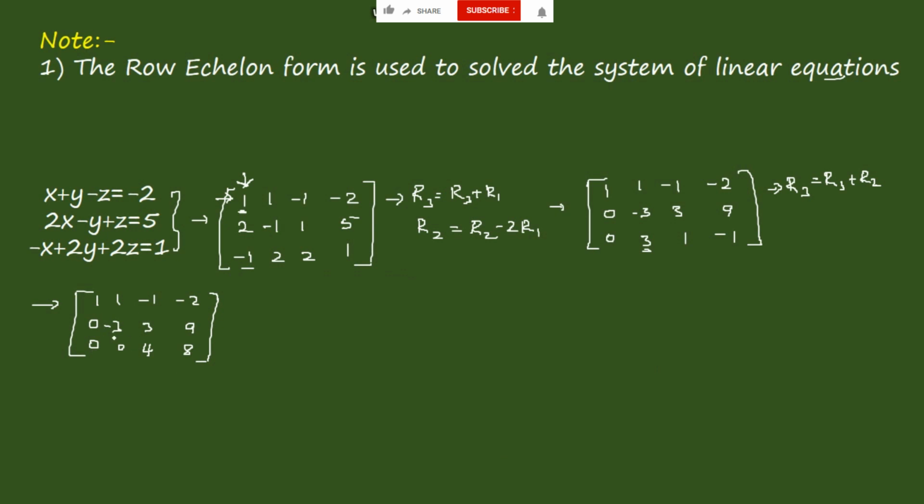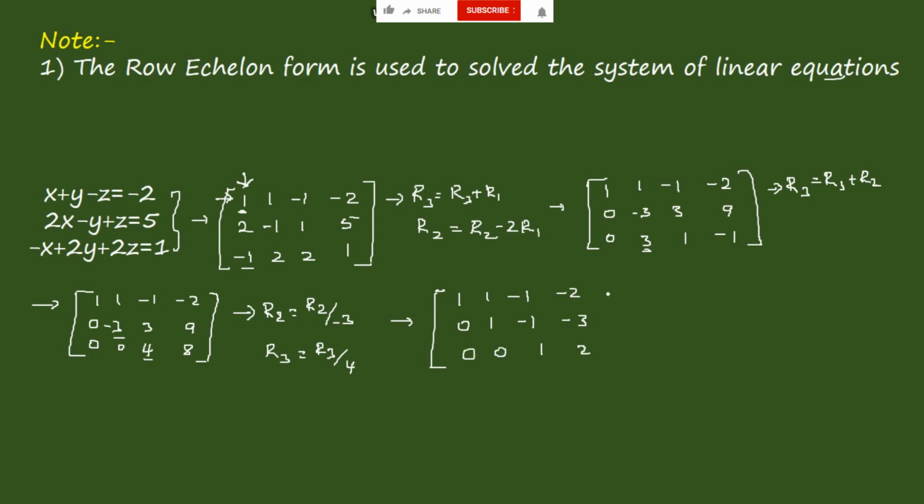And next, the leading one should become 1, and below it should be 0. So we do row 2 equals row 2 divided by minus 3, and row 3 equals row 3 divided by 4. If you do this, it becomes 1, 1, minus 1, minus 2. And 0, 1, minus 1, minus 3. And here it is 0, 0, 1, and 2.